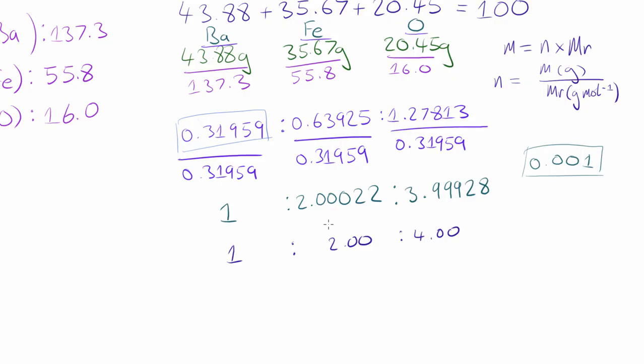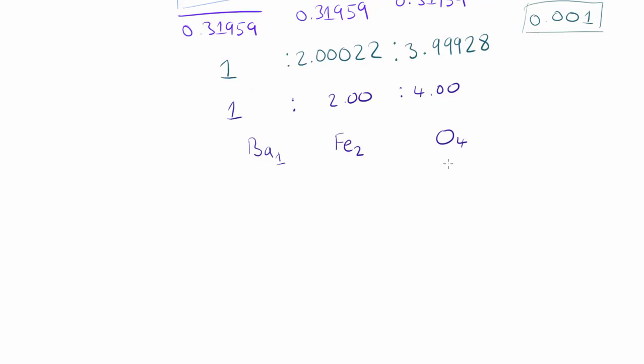But in this case, yes, this is our simplest whole number ratio. And so therefore we can attribute to barium a 1, we can attribute to iron a 2, we can attribute to oxygen a 4, right?